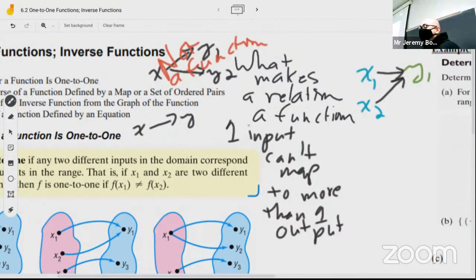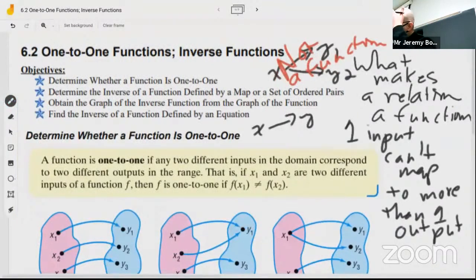One-to-one functions are functions where that is not true. So a function is one-to-one if any two inputs in the domain correspond to two different outputs in the range. That is, if x sub 1 and x sub 2 are different inputs, then f of x sub 1 does not equal f of x sub 2.